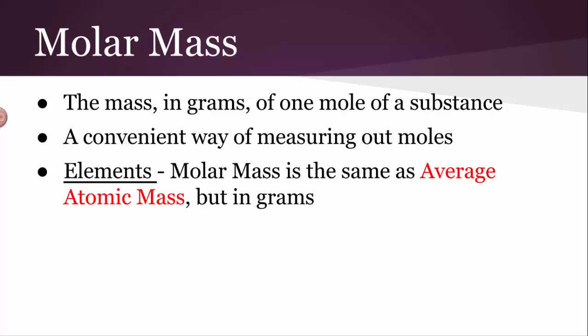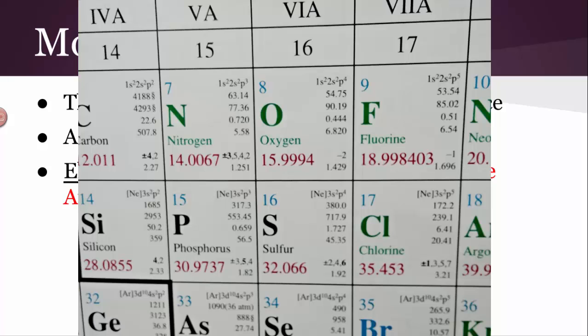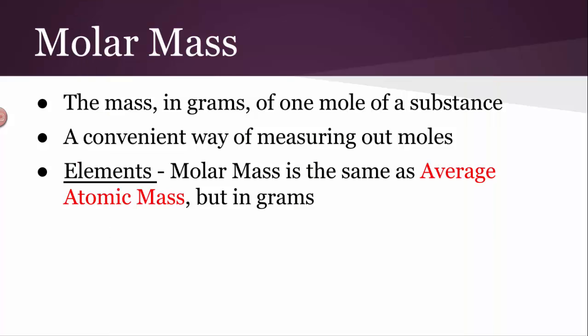Okay? To find the molar mass of an element, it's really easy. Just grab your periodic table, and it's the same as the average atomic mass. That's the number in red underneath usually, only in grams instead of AMU. So if you wanted to find the mass of a mole of neon, for example, it'd be 20.179 grams.